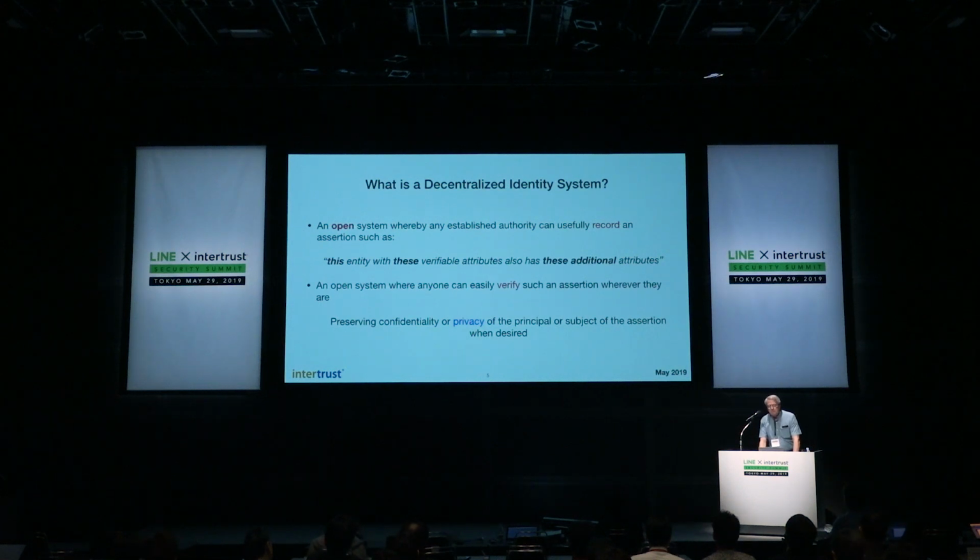And then there's another part of this, which is an open system where anyone can verify that such an assertion is valid. And you'd also want to be able to preserve the confidentiality and privacy of the principal or subject that the assertion is talking about, when that makes sense to do that.